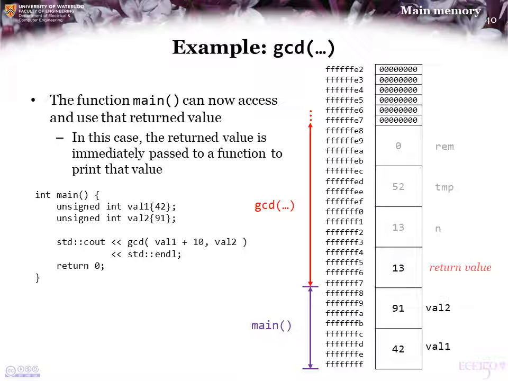Now, we're not going to focus right now on the function calls that are necessary for printing to the screen, as that requires classes and operator overloading, but rest assured that the cout statement simply is converted into another function call, which then prints the value 13 to the screen. So 13 ends up being taken by main and is made an argument of an appropriate function to print that value to the screen.